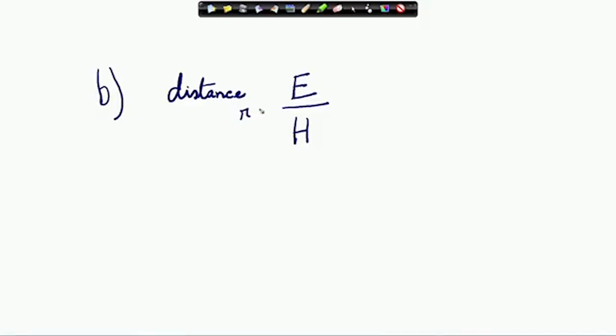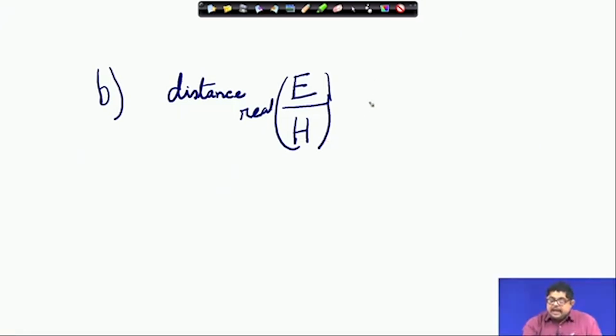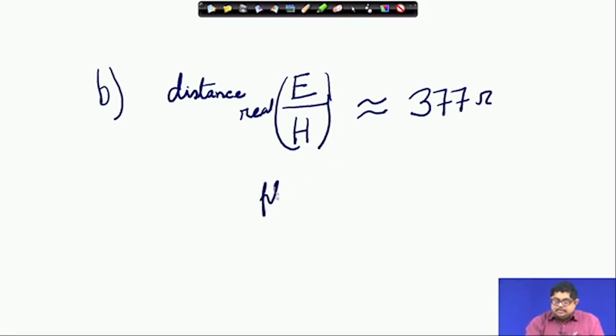So, we say that the real part of this impedance quantity approaches the wave impedance or intrinsic impedance of free space, that means 377 ohm, and the phase of this complex impedance term is almost 0 degree.